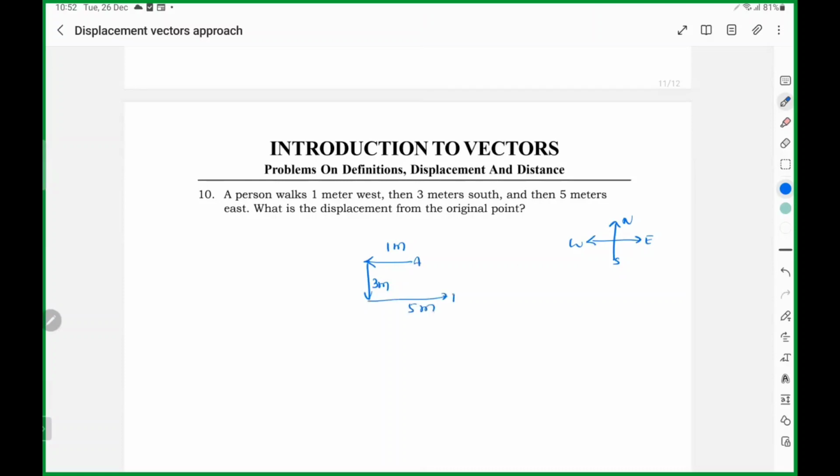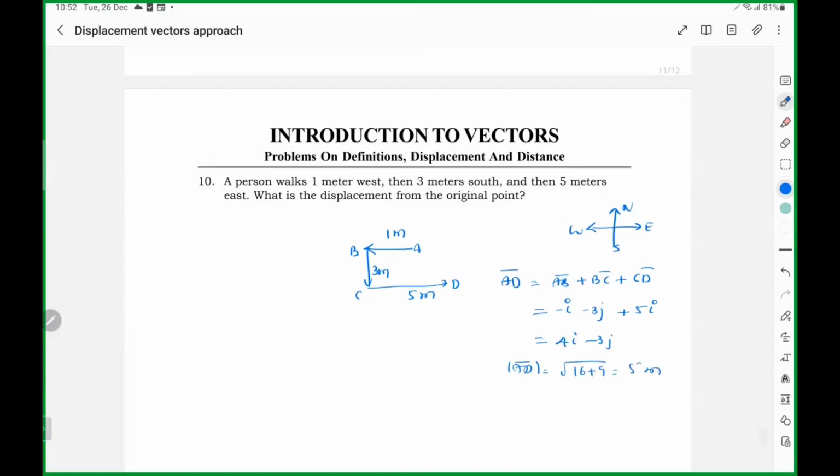So the earlier problem I did generally, now I will use vectors. AB towards left 1 unit, downwards minus J, towards right. So the magnitude of AD will be 5 meters.